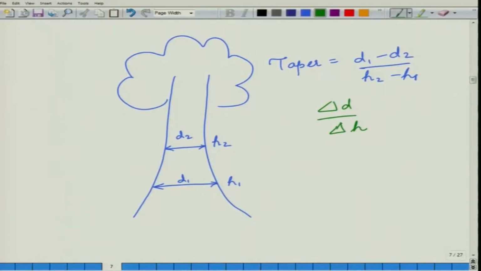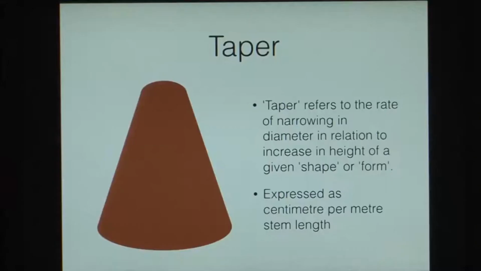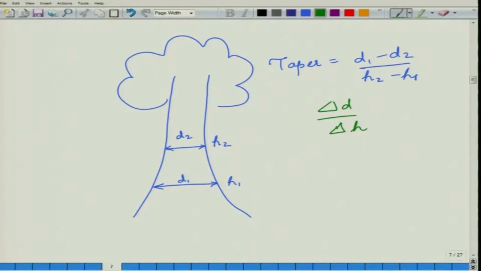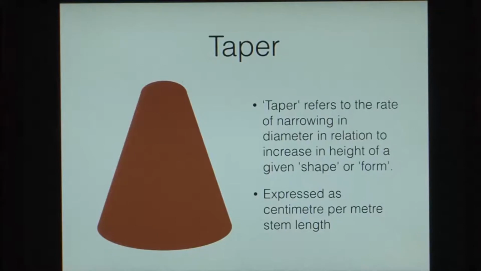So, taper of a form refers to the rate of narrowing in diameter in relation to increase in height of the given shape or form. Now, remember that the diameter of a tree stem goes on decreasing as we move above the ground level, as we saw in the very early photographs. The rate of this decrease is called taper. A tree with a large taper would resemble a cone.